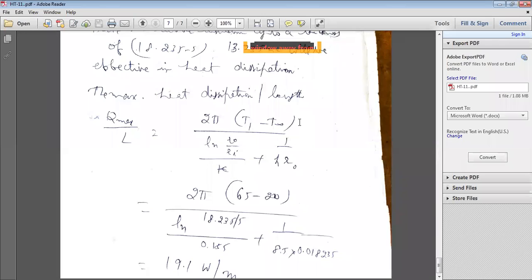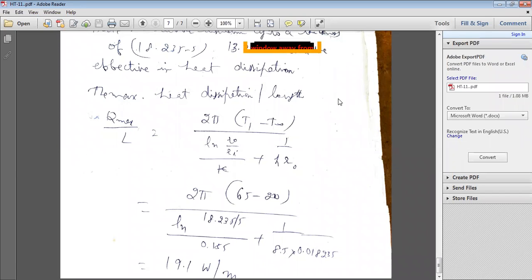So with this, the initial part of one-dimensional heat conduction is done for different systems like single plane wall, composite wall, composite wall with both conduction and convection, cylindrical system, spherical system, and critical radius of insulation. These are the topics covered.